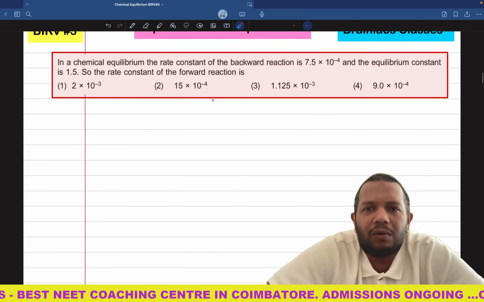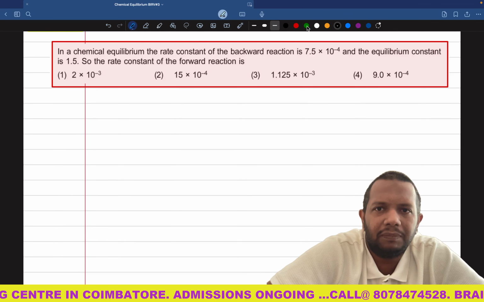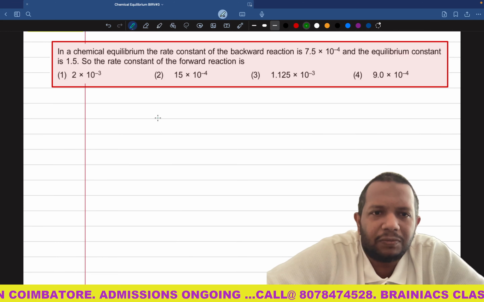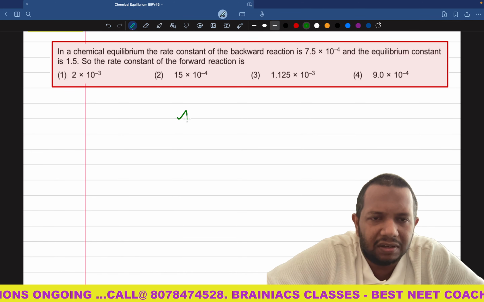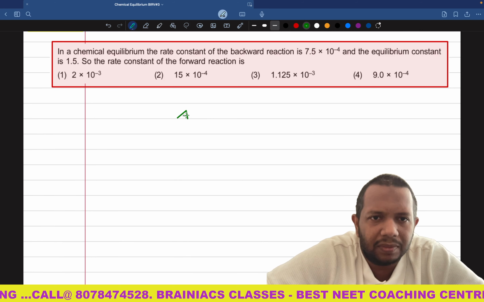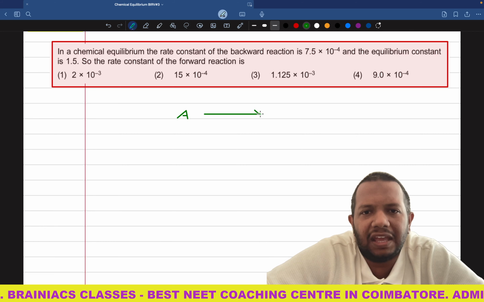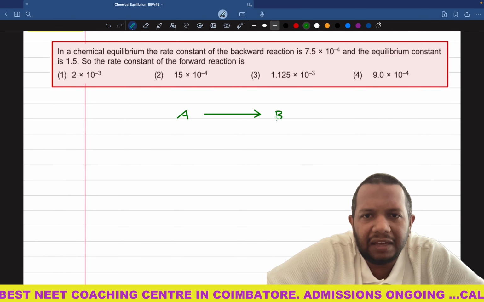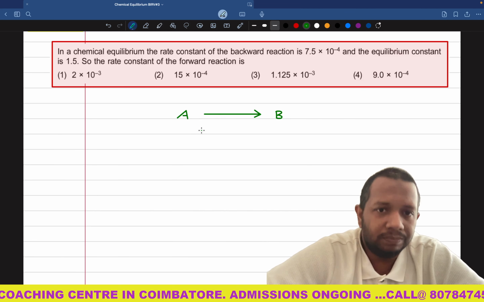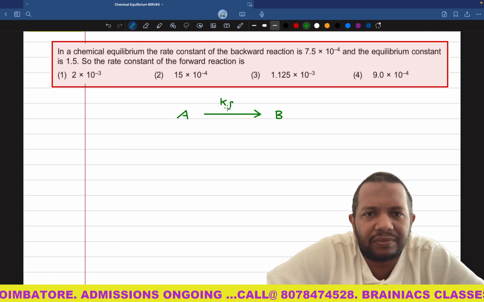So let me explain some background, for those who don't know the theory. It's very simple. I am considering a reaction, let me say A to B. This means A will be converted to B, and the rate constant of this forward reaction, let me take it as Kf.